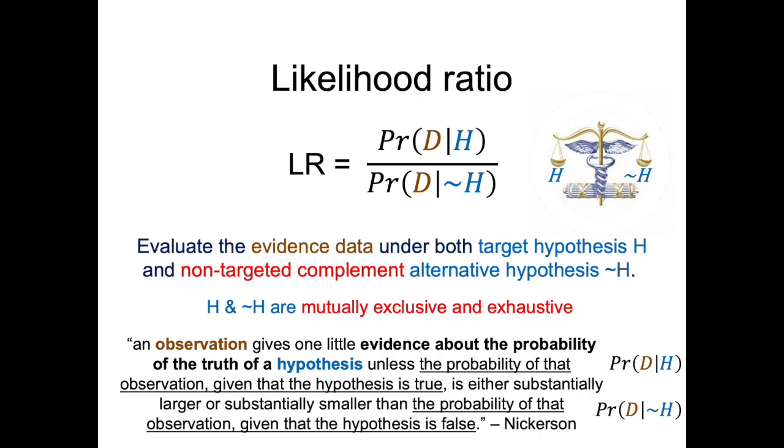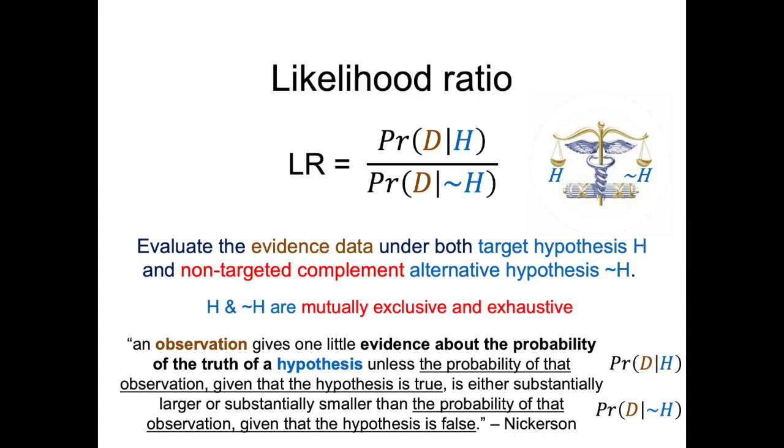It lets us evaluate the evidence data under both the target hypothesis H and the non-targeted complement alternative hypothesis, not H. So we have two hypotheses, H and not H. H is focused on the target, not H is focused on the alternatives.